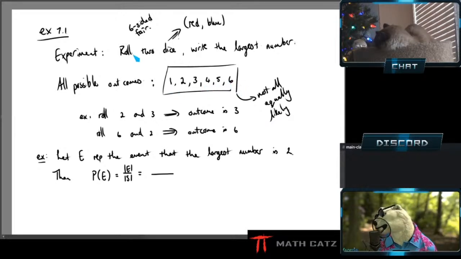Because I can only get the outcome 1 from rolling 2 ones. But I can get the outcome 4 from rolling a 1 and a 4, a 2 and a 4, a 4 and a 3, 2 fours, lots of different ways, right? So it's much more likely to get a 4 as the outcome than it is a 1. These are not all equally likely.